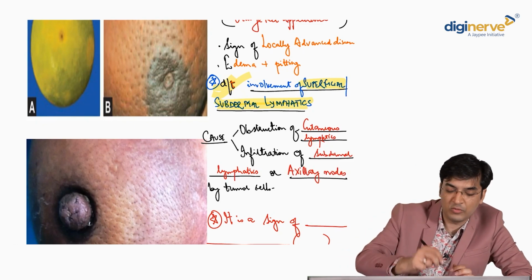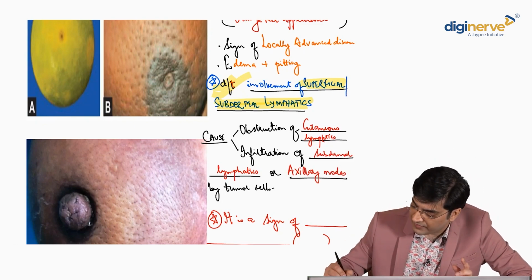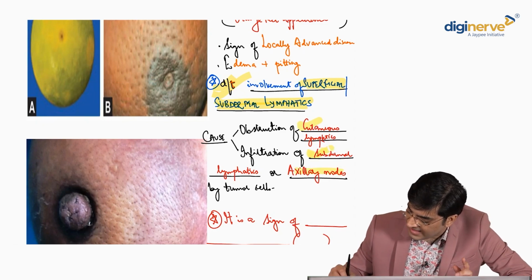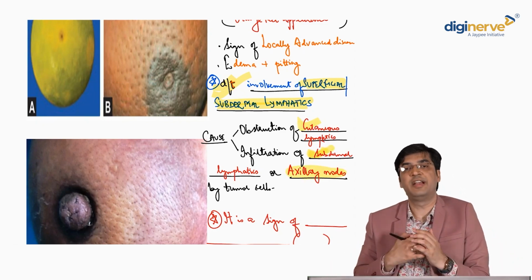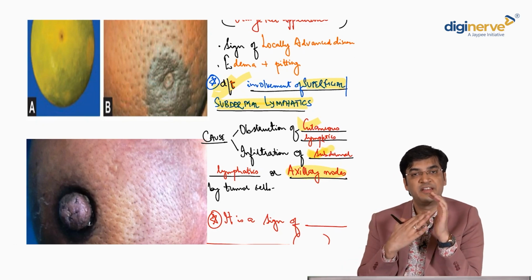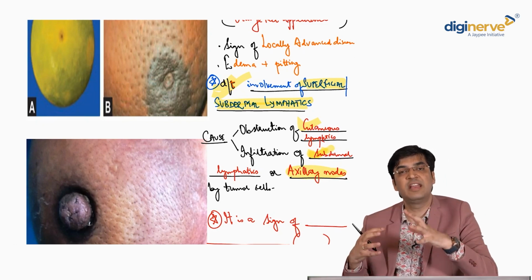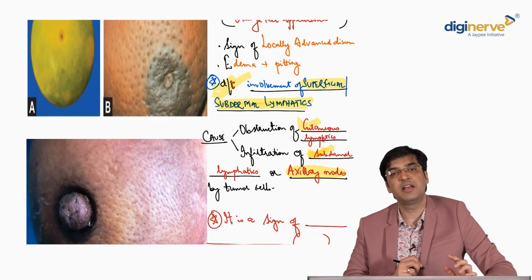So please remember the two things they've already asked: superficial or subdermal, cutaneous, subdermal. Even if the axillary nodes are infiltrated and the lymph cannot be drained, there is blockage to the lymph drainage, then also you can have a peau d'orange appearance.